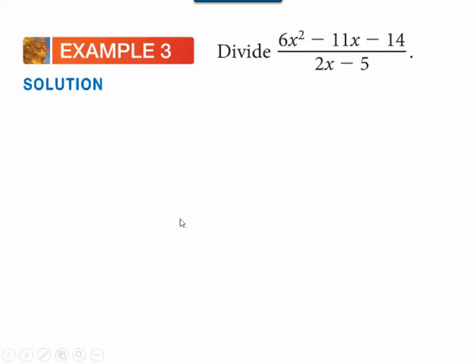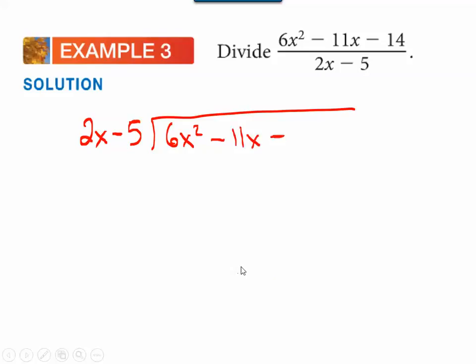Alright, 2x minus 5 on the outside, and then in order of degree. So 2x times what gives you 6x squared? Yeah, I need a 3 and the x.